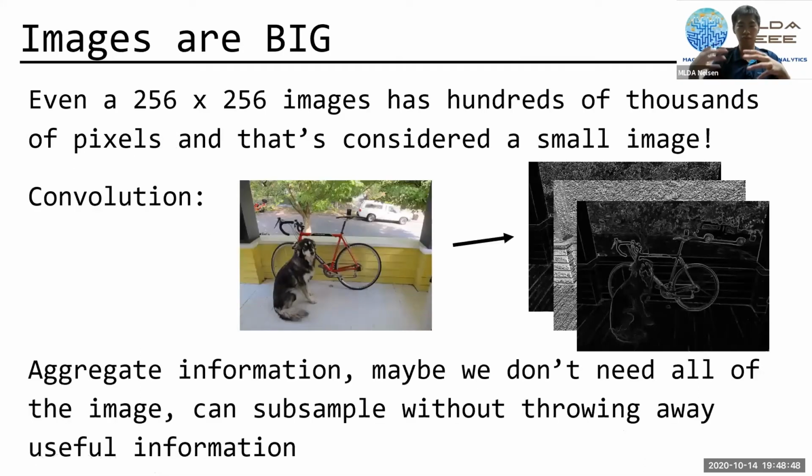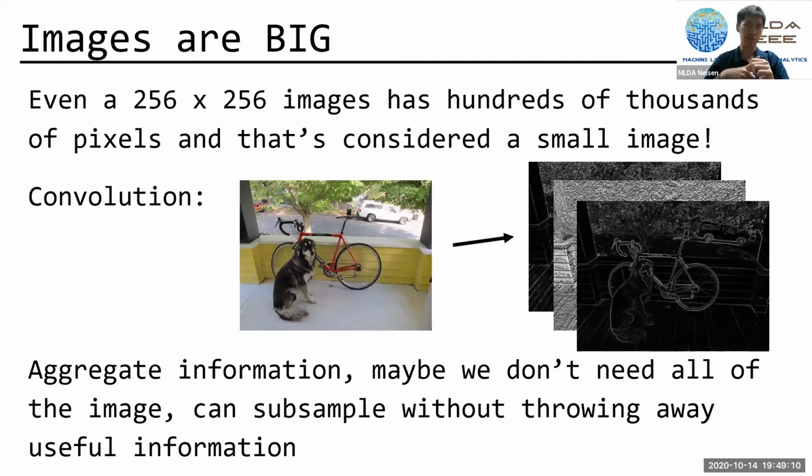So one of the problems even with convolutional neural networks is that every time we do convolution, you can probably see that it's getting smaller. The reason is that the property of convolution is always making the image smaller and smaller.